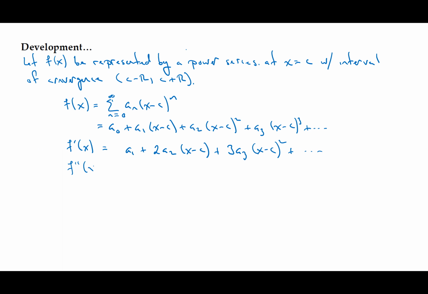f double prime of x will be 2a2 plus 2 times 3a3 (x minus c) plus 3 times 4a4 (x minus c) squared. And I'll do one more here. And really, hopefully, you're starting to see a pattern.